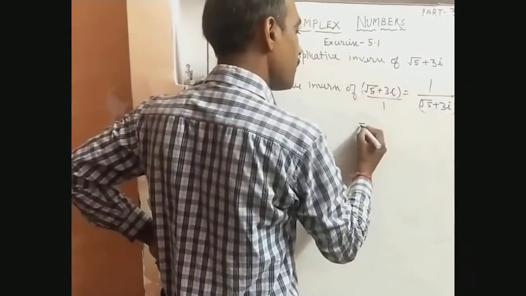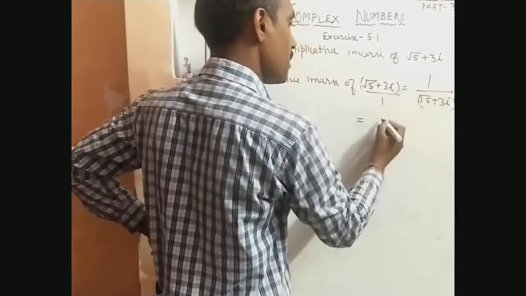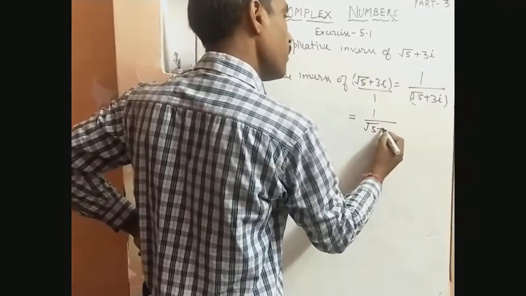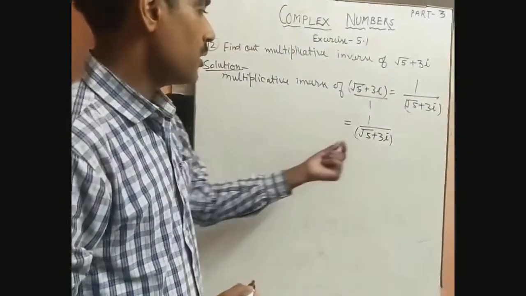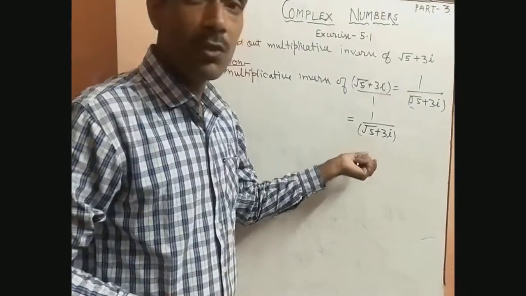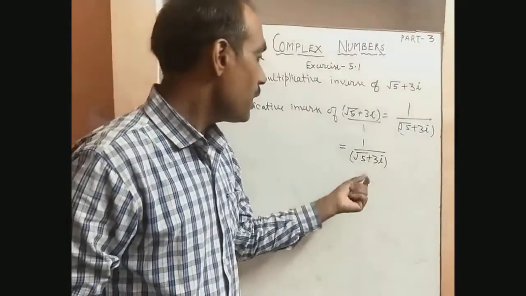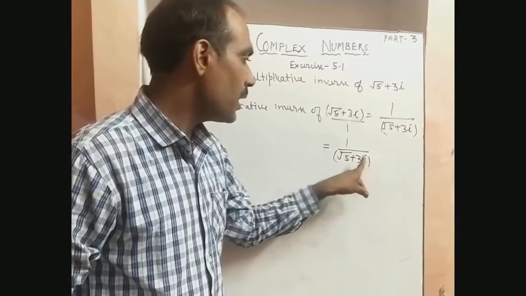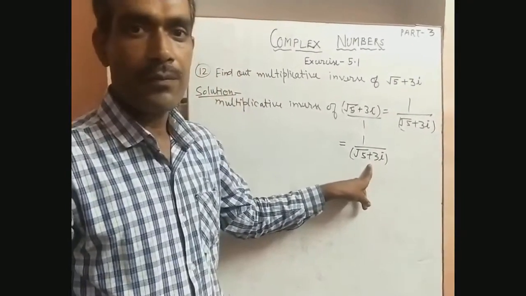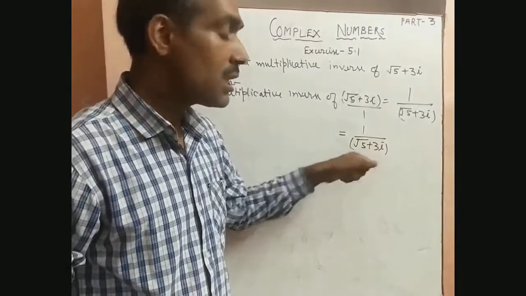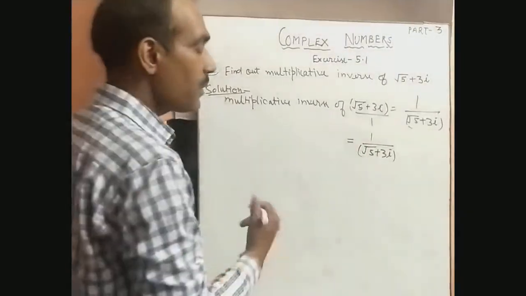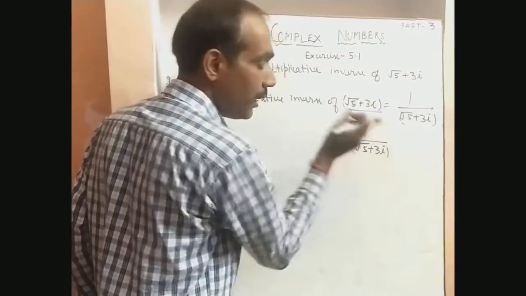After that we rationalize it. In rationalization, what do we do? We multiply by its conjugate. In an earlier video I told you what a conjugate is. Conjugate means change the sign of i.